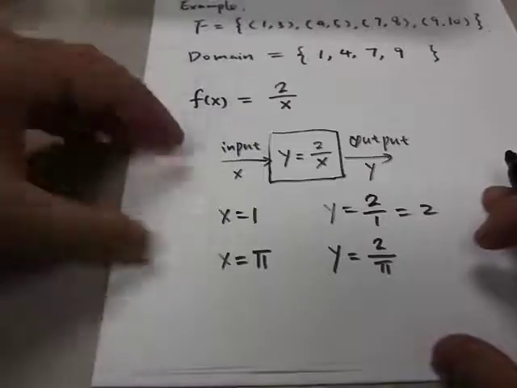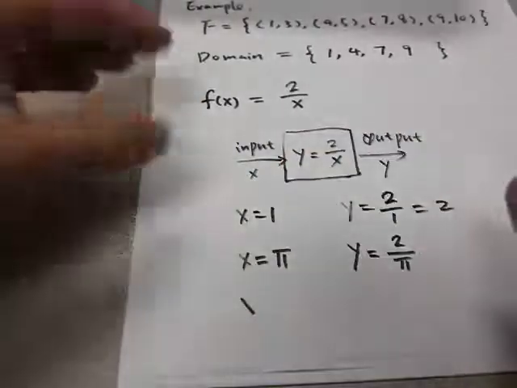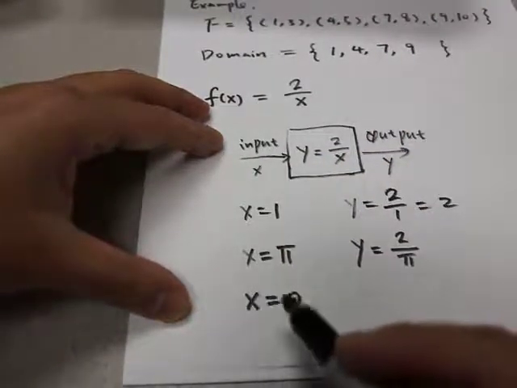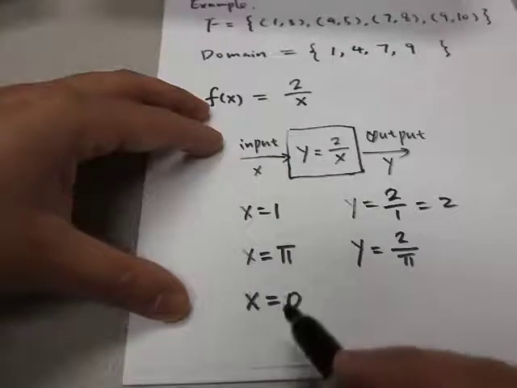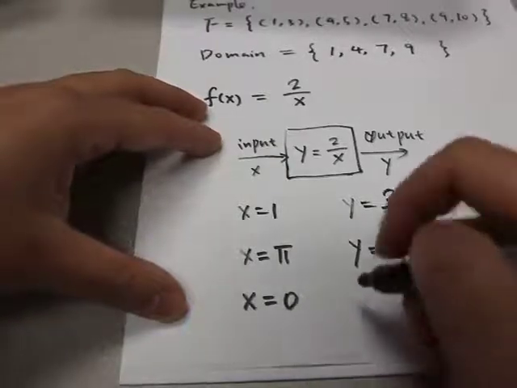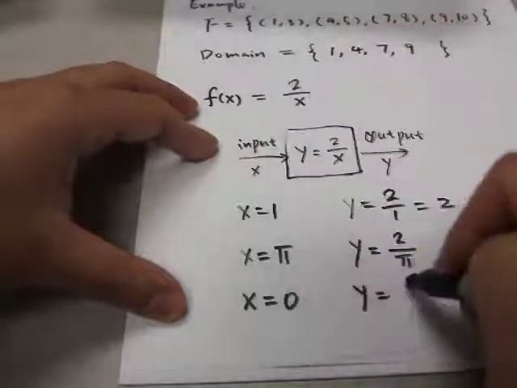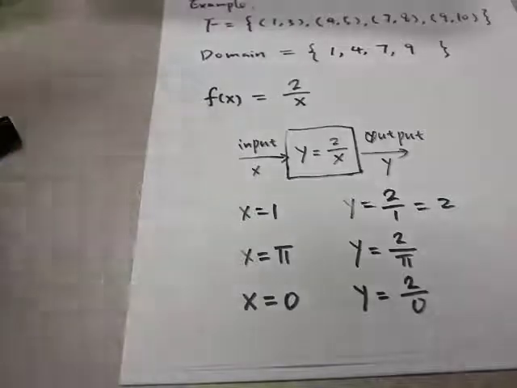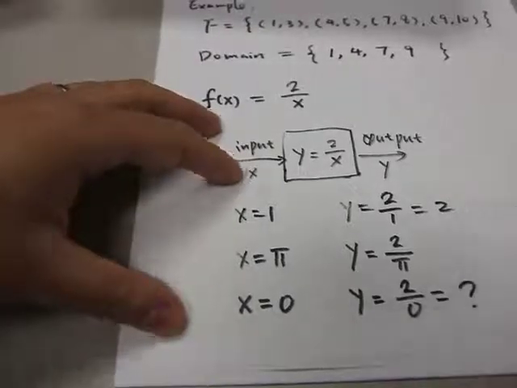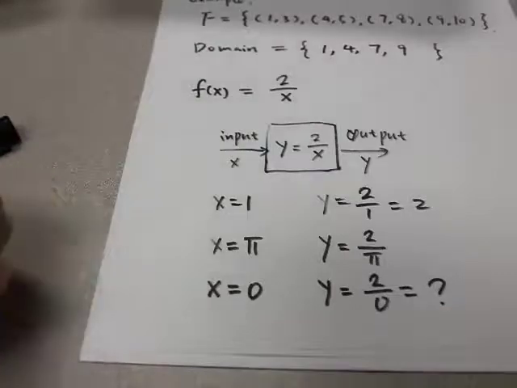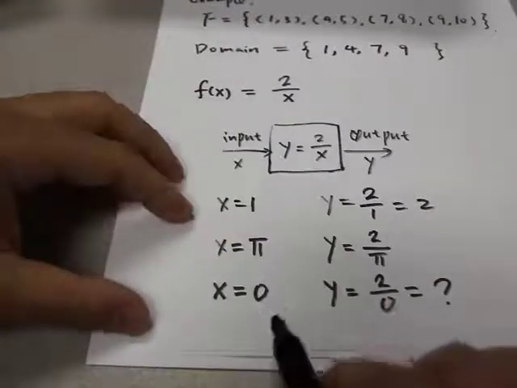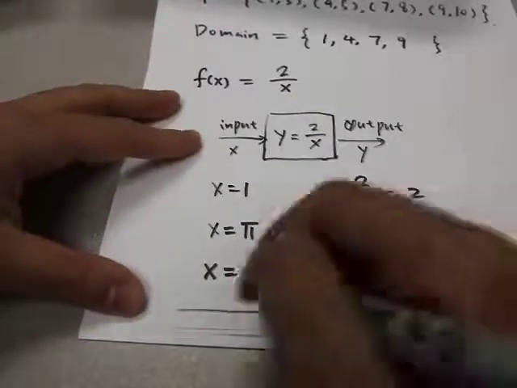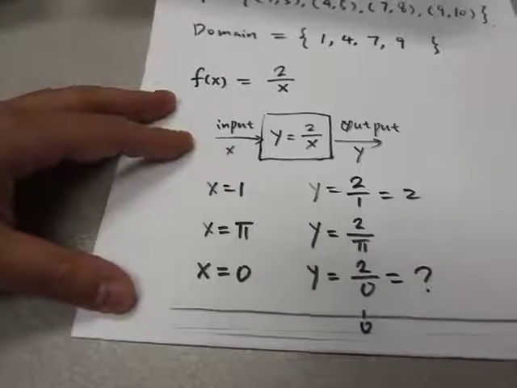And then what is a weird number? Let's think about what happens if our input is 0. Now, if our input is 0, according to this equation, our output is going to be 2 over 0. Now, what is 2 over 0? You cannot find this number on the number line, right? You don't know where to find this number 2 over 0.